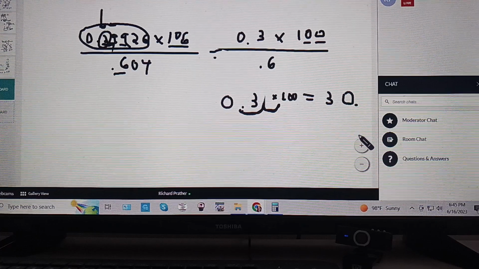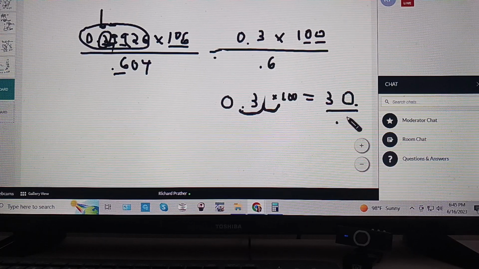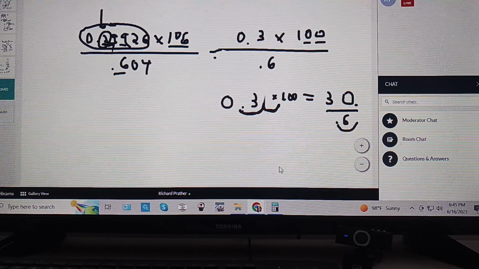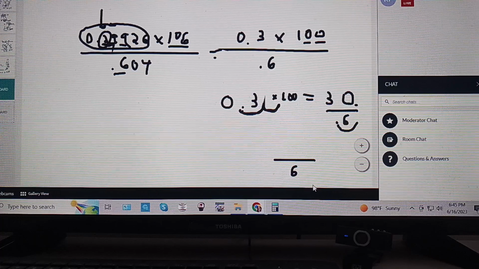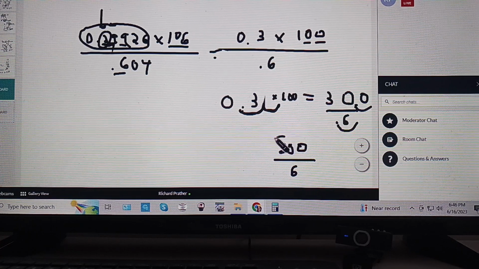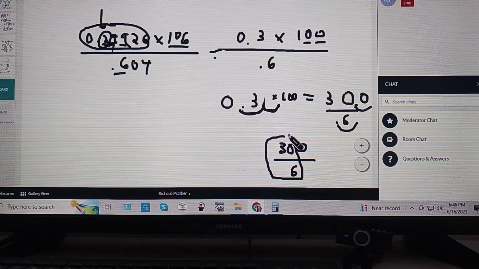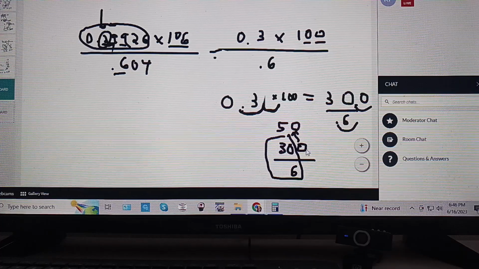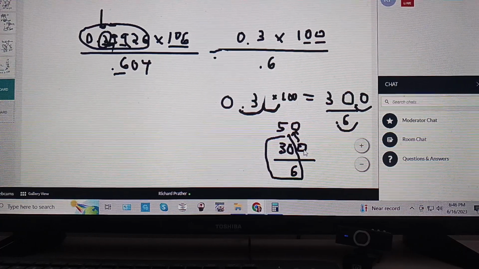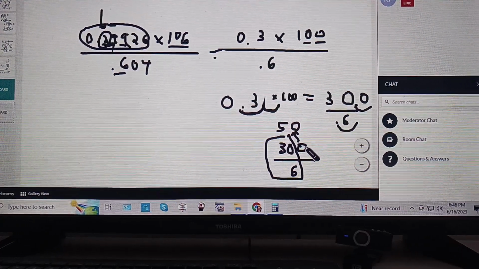So that's 30. 30 divided by 0.6 is still not easy to do, but if you want to get this 0.6 to be a regular 6, which would be preferred, you can do that if you move one more place up here and make this 30 a 300. And now it's easier to do because 30 divided by 6 is 5, and then you can tack on a 0 and the answer is 50. So I have a very rough estimate of this answer that it's close to 50.